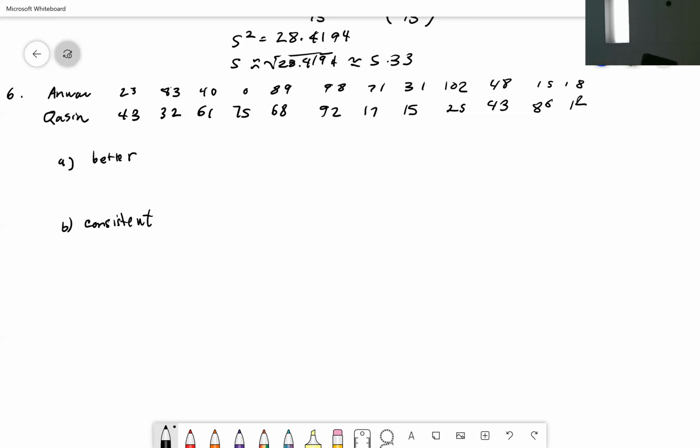All right, now I think I want to cheat because I don't feel like doing the standard deviation for each one of these. So I'm going to statistics. A stat calculation, one variable stat. Okay, so let me go to my list here. You know what? I don't know how to do it on this calculator.